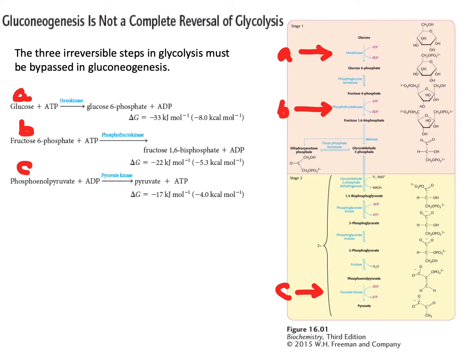So that one is slightly different from A and B. A and B have ATP helping the reaction, coupling to move irreversibly to the right. But reaction C is actually spontaneous without coupling with ATP.